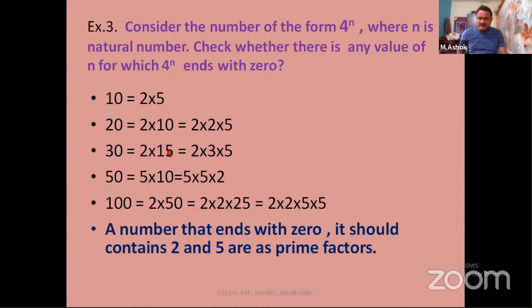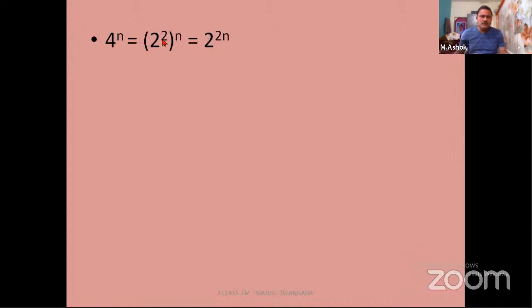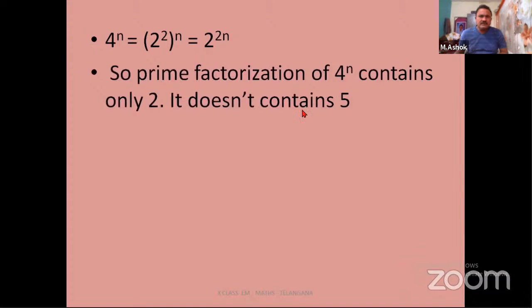Based on this, look at our sum, 4 to the power of n. I am writing 4 as 2 square. Power to power means we multiply, so it becomes 2 to the power of 2n. Here what is the n value? n is a natural number. If you put 1 or 2 or 3 and so on, it doesn't contain the factor 5.